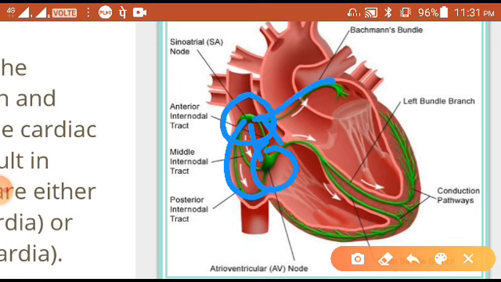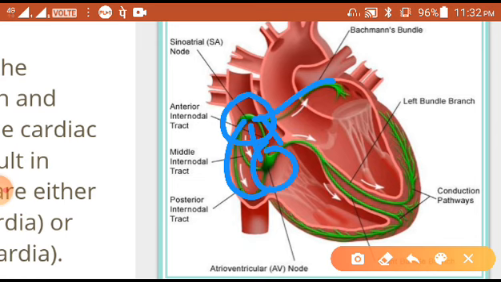These tracts are between the two nodes, SA node and AV node. The impulses generated in the SA node are brought to the AV node by these tracts, as well as through the right atria.